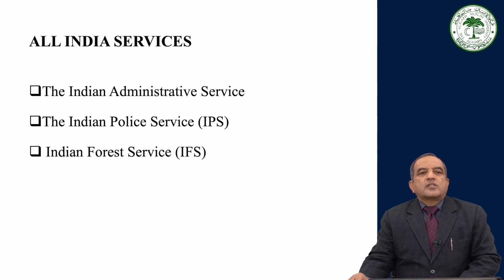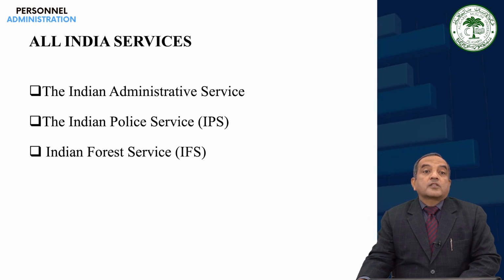The officer in charge of the police subdivision for 2 years probation, deputy commissioner of police after 4 years of service, junior administrative grade after 9 years of service, selection grade after 13 years of service, officer in charge of the police or additional commissioner of police after 14 years of service, inspector general of police after 18 years of work, additional director general of police after 25 years of service, director general of police after 30 years of service.